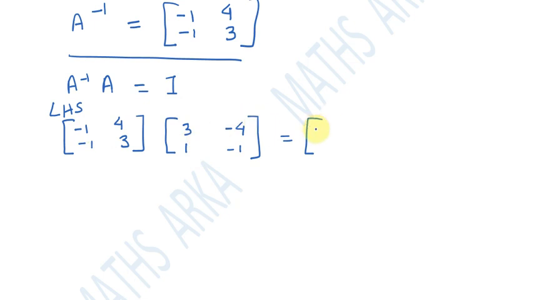So it is minus 3 plus 4, then first row with second column, so it becomes plus 4, minus 1 multiplied with minus 4 would give us 4, then plus of 4 and minus 1, that would be minus 4.